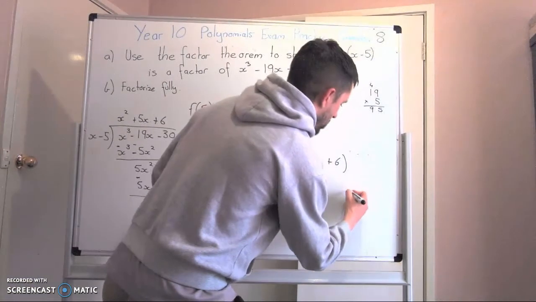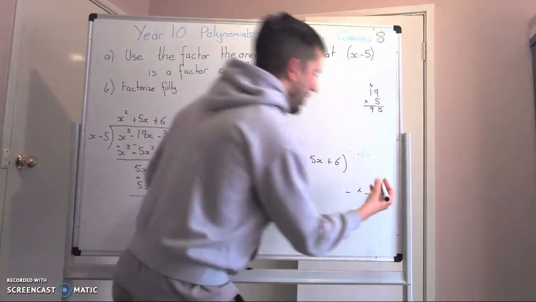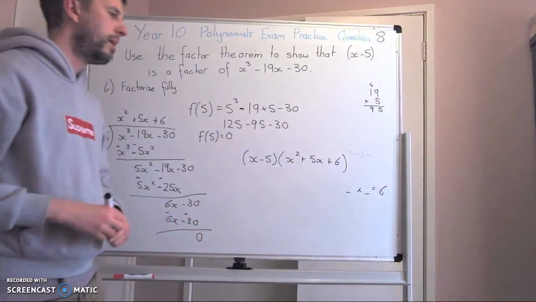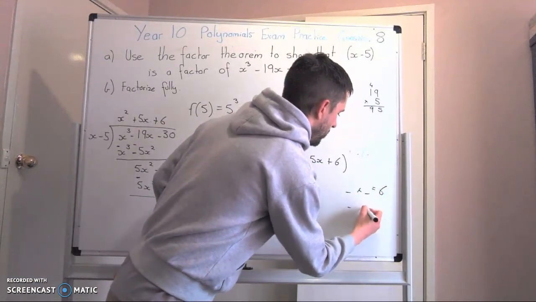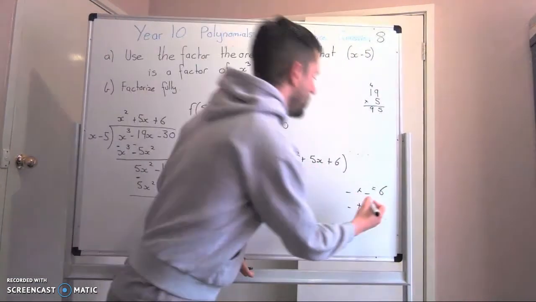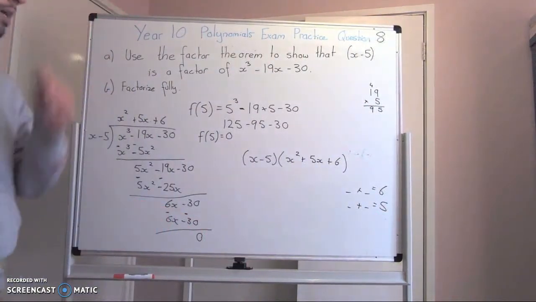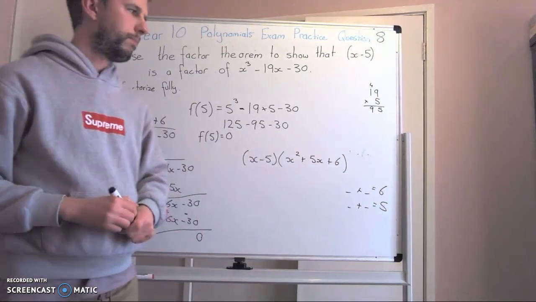That means two numbers that multiply to get AC. C is just 6. And I'm looking at two numbers that add up to equal B, which is 5. So the first thing I look at is my knowledge of 6.